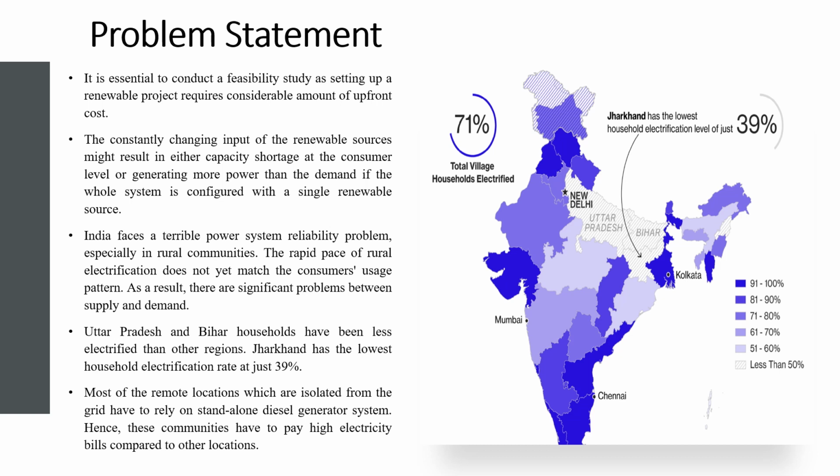India has both rainy seasons and summer seasons. In the rainy season, solar panels cannot generate that kind of power because it will be cloudy, with no sun. So the power generation will be less than the demand.